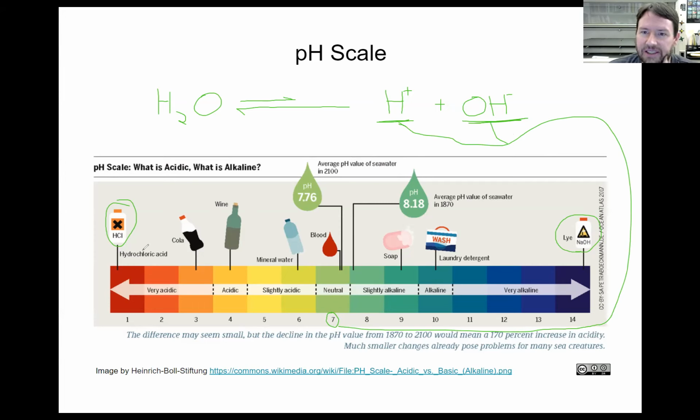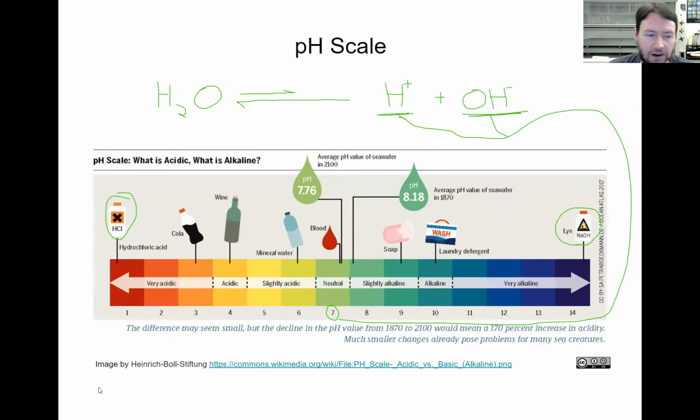If the pH is lower than that, there's an imbalance so that there are more hydrogen ions than hydroxide ions. So we would say that's a low pH. pH is just a fancy shorthand for the concentration of hydrogen ions. And if we add more hydroxide ions, we would say it's a high pH, or a very low concentration of hydrogen ions.